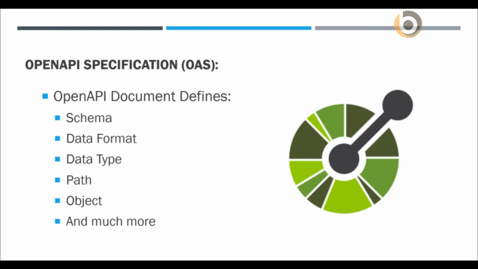The data format in which a JSON or YAML data format should be handled, the data types in which primitive data types are handled throughout the requests and the responses, path, which in essence is how to handle parameters if the specific API takes any, the object itself and how objects should be handled within an API, and so much more. OpenAPI specification allows you to be able to write clean code when dealing with APIs and web services.